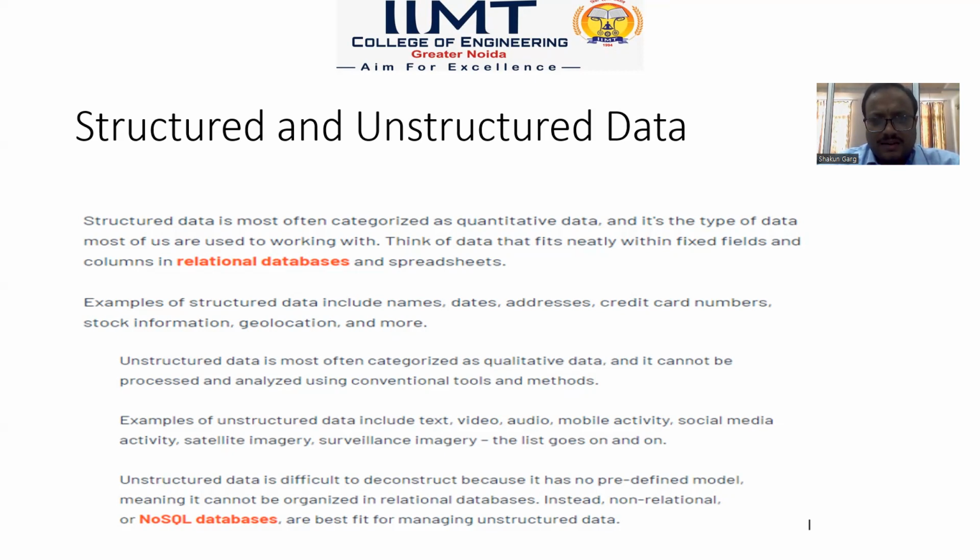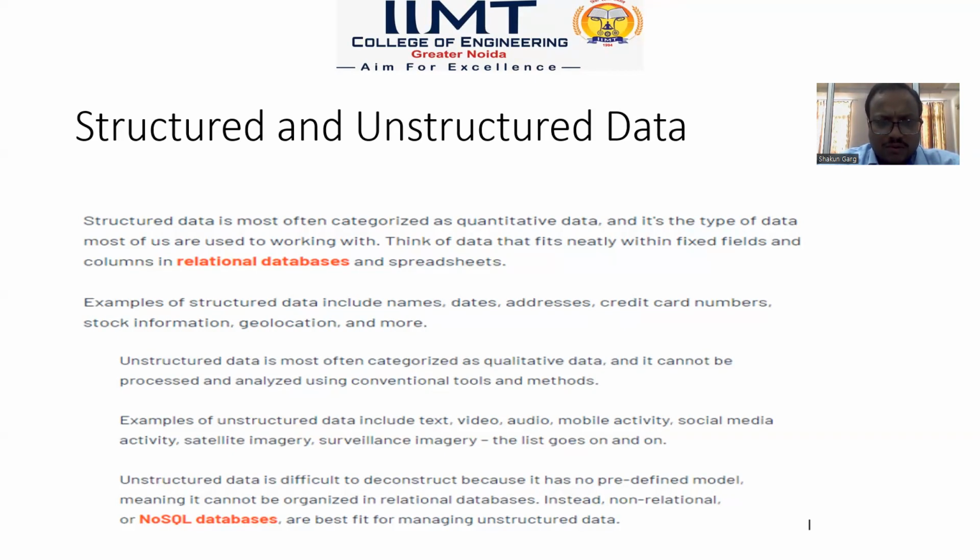Think of data that fits neatly within fixed fields and columns in relational databases and spreadsheets. Examples of structured data include names, dates, addresses, credit card numbers, stock information, geolocation, and more.